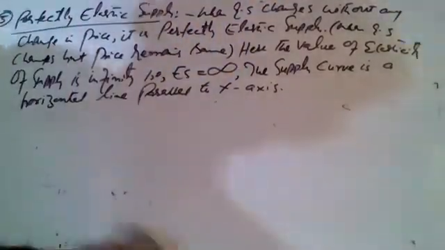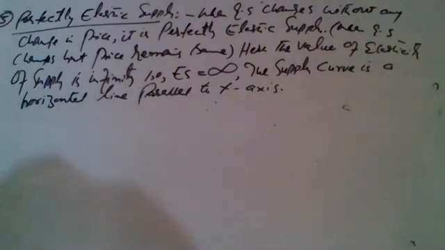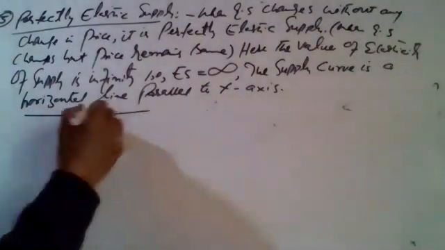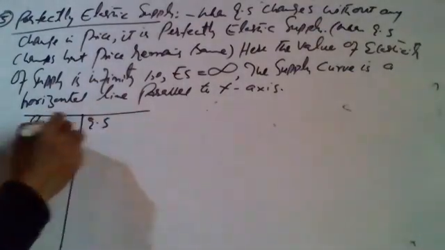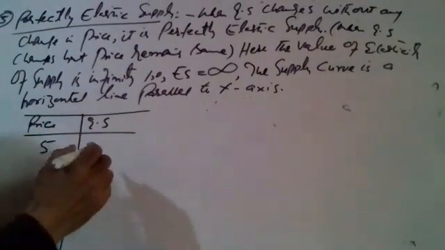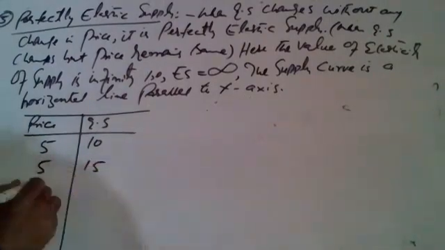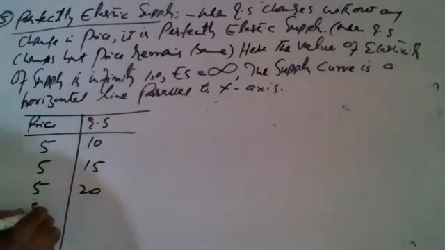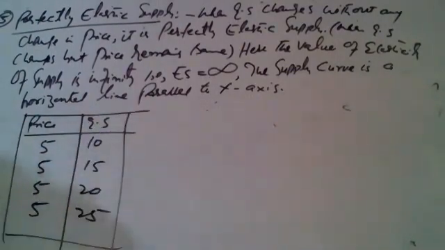Supply changes but price stays the same. For example, let's put a supply schedule of price and quantity supplied: price 5, supply 10; price 5, supply 15; price 5, supply 20; price 5, supply 25. Supply changes but price is the same.